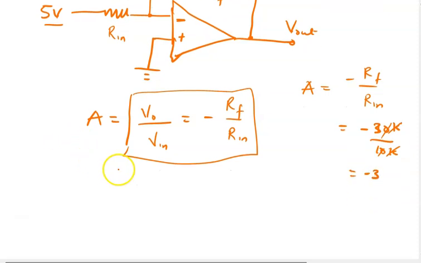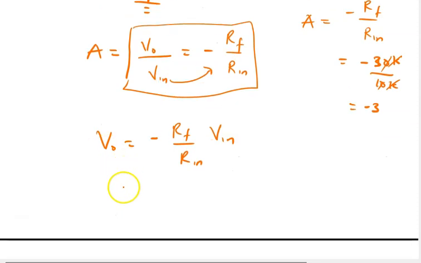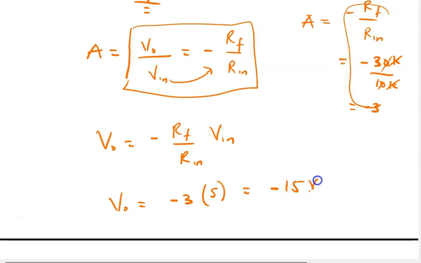But with the V out, we can say that V naught is equal to minus RF over R in multiplied by V in. That is, we apply cross multiplication to get our value here. So what will be V out? V out is equal to minus 3, that is, the RF over R in gives minus 3. Then the input is 5, so I'm going to get minus 15 volts, right?